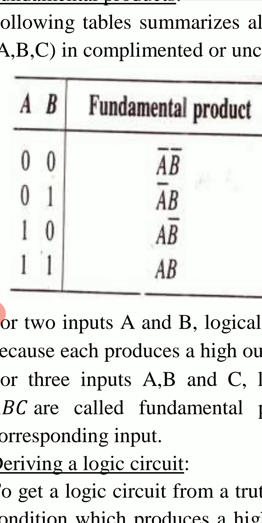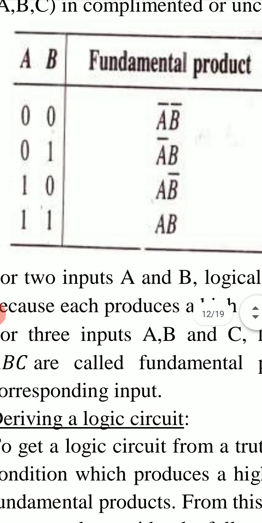If A is 0, B is 0, then A bar is 1 and B bar is 1, and 1.1 is 1. So to produce high output for this combination 0 0, we must use the complemented form of A and B and their product, A bar dot B bar, or simply A bar B bar.